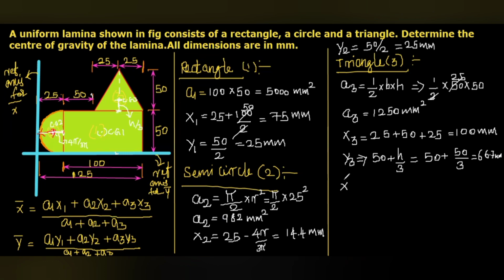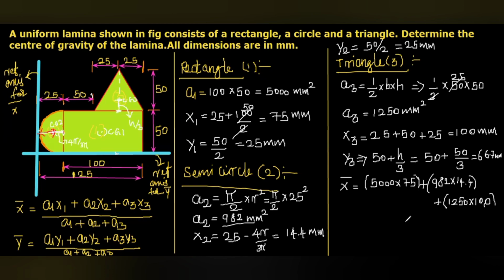First x bar. The value of a1 is 5000 multiplied with x1, that is 75, plus a2, after simplification 982, multiplied with x2, 14.4, plus A3, that is 1250, multiplied with x3, that is 100.